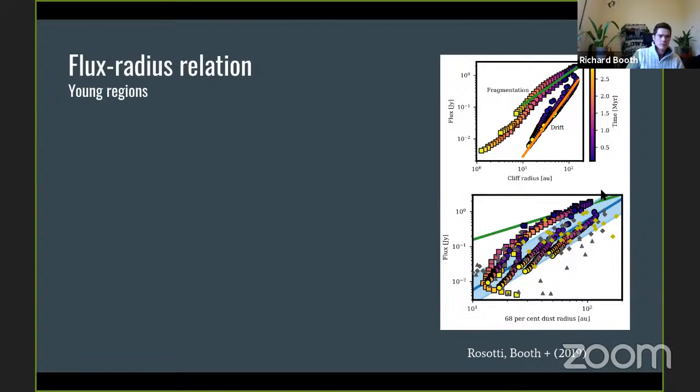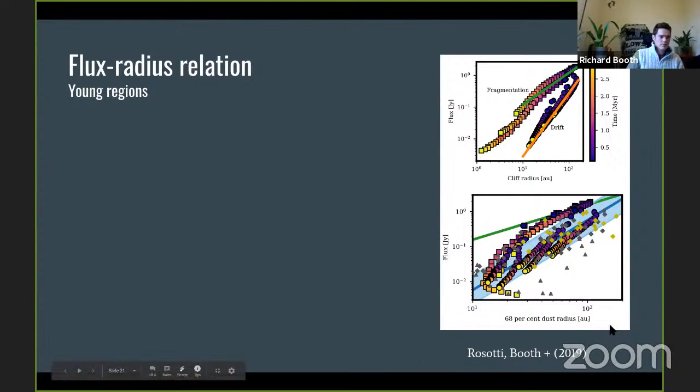The blue line with a region around it is the 1 sigma contours that they derived from data in Lupus, and I think it was Ophiuchus as well. So what we realized is actually that the radial drift limited models, which are the models with low alpha, actually have a slope, this orange slope, which is meant to be close to the observationally derived slope. This is a theoretical plot at the moment. Whereas the highly turbulent models should have a different slope and maybe don't match the data as well.